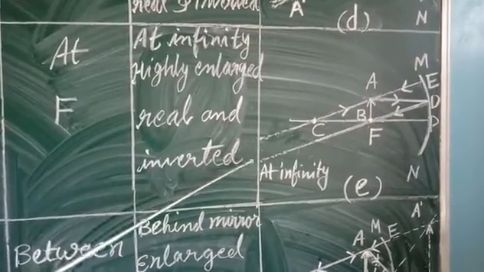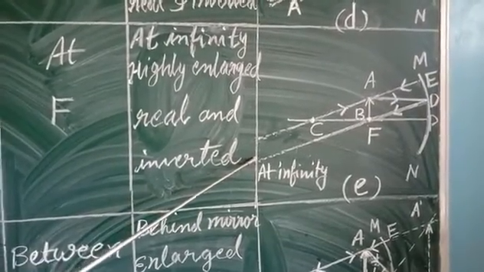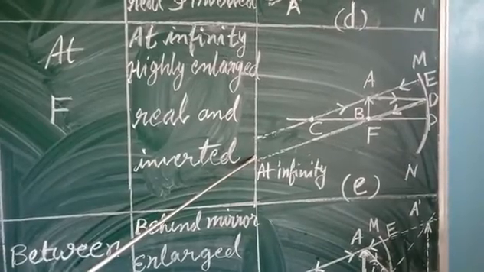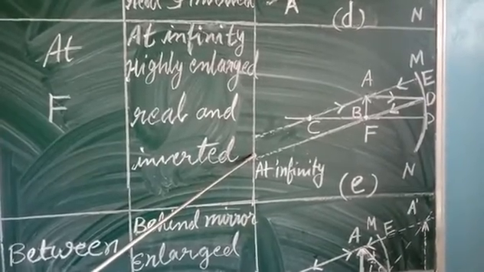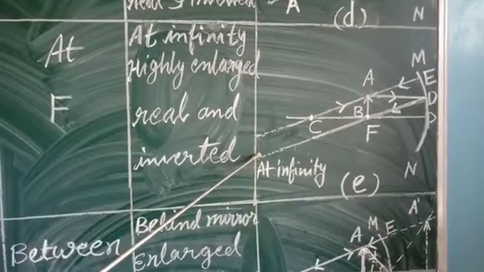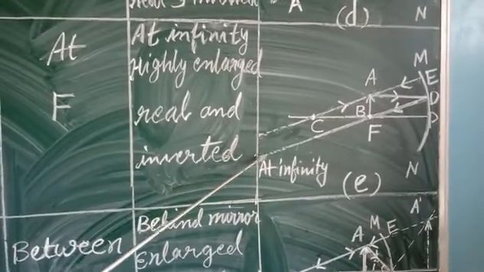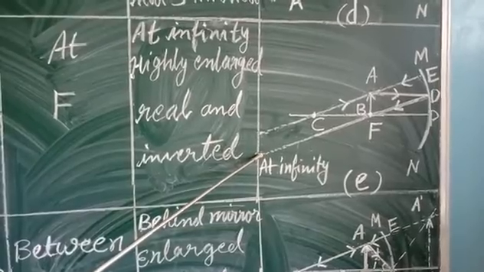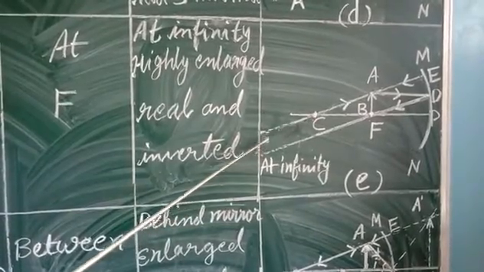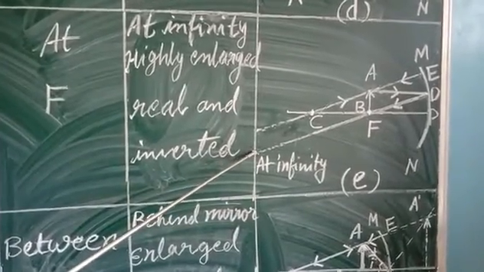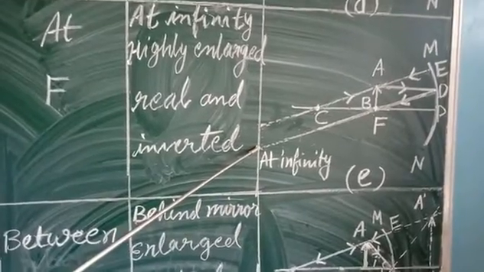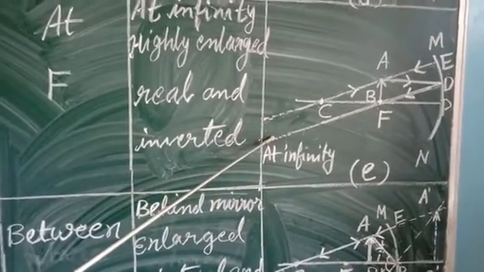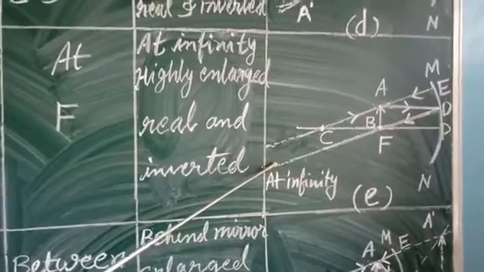That means they are moving towards infinity. That means the image is formed at infinity and the size of the image is very large. Okay, and the image is real and inverted.